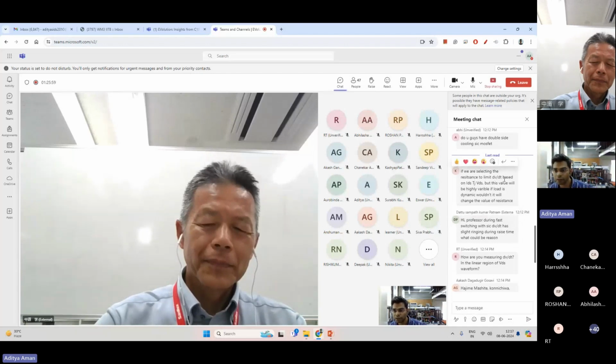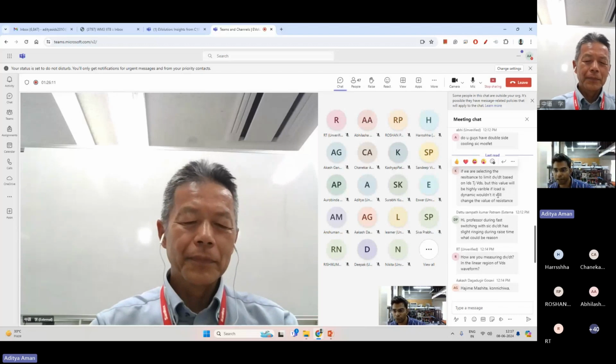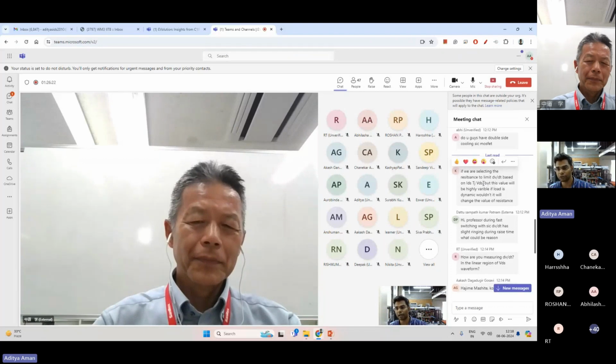Okay, this is for me. If we are selecting the resistance to limit dV by dt based on IDS and TJ VDS, but this value will be highly variable. The load is dynamic. Won't it change the value of the resistance? No. So the entire idea is this value is going to be dynamic during the actual operation of the device. So you need to select the resistance such that you limit it under the worst operating case.